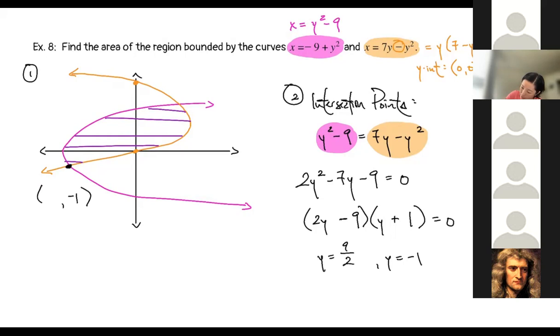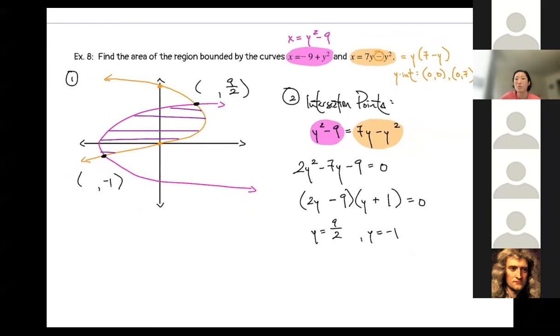And then for this point up here, this one will have the y value of 9/2. So when we set up our integral now, you'll notice I didn't even write the x values. Honestly, I don't even really care about the x values. I'm not going to need them in my integral.